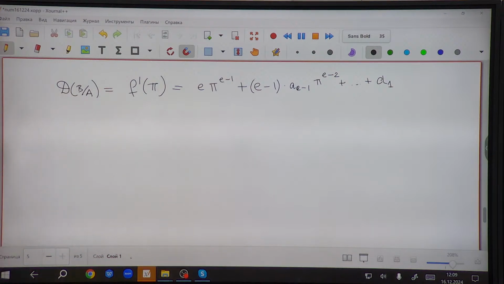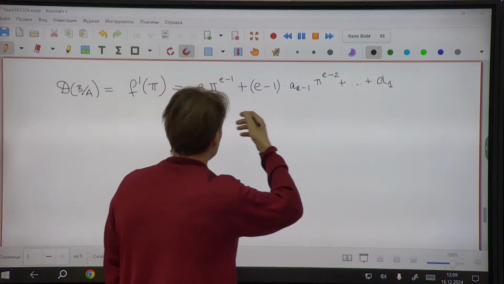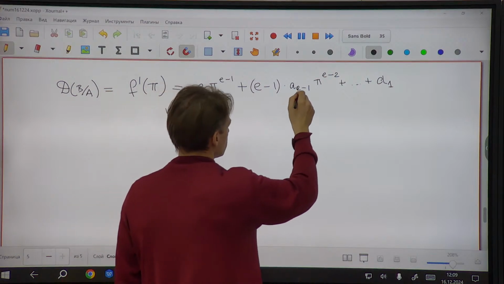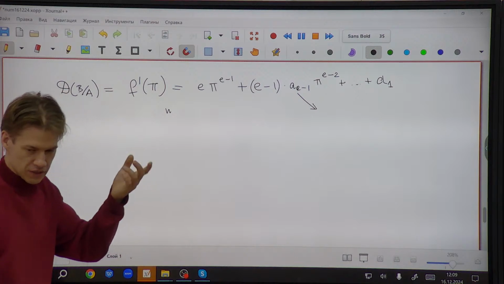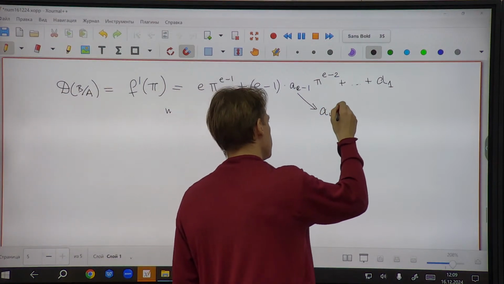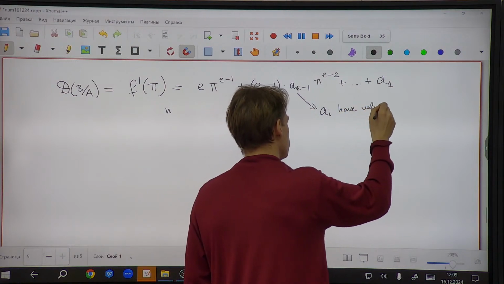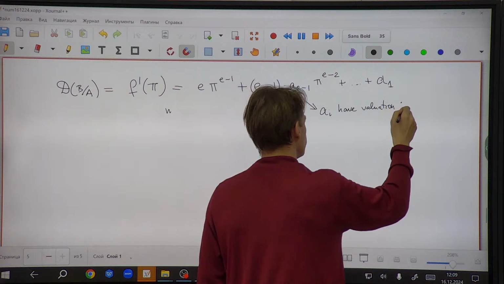Yeah. So notice that again the minimum, so these guys have, since AI have valuation divisible by E.